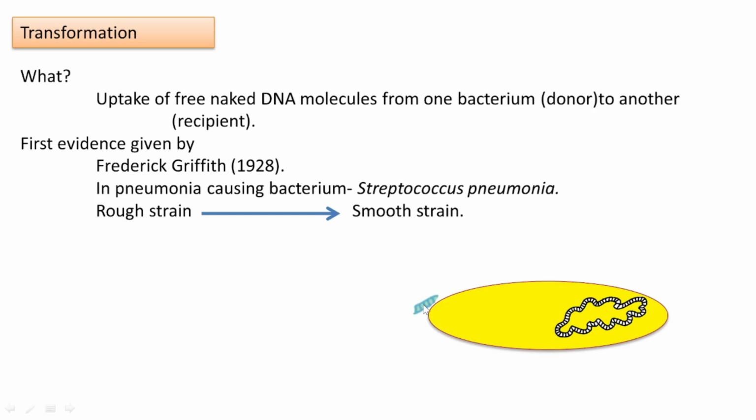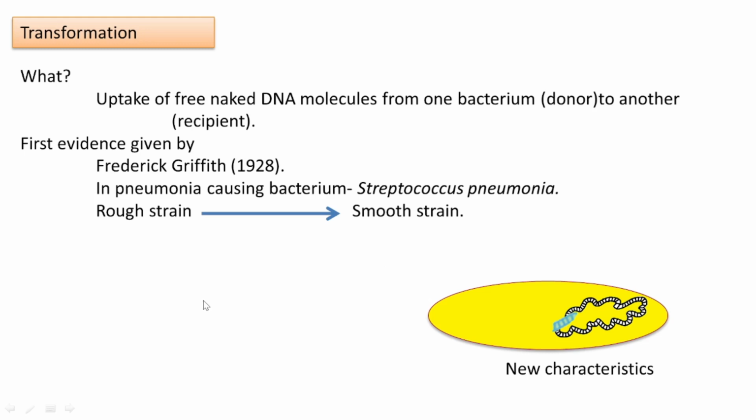Later they are taken inside this bacterial cell and incorporated into its genetic material, its single circular double-stranded DNA. Because of that incorporation, the genetic material becomes a recombinant one, and it gains some new characteristics. This is simply the transformation.